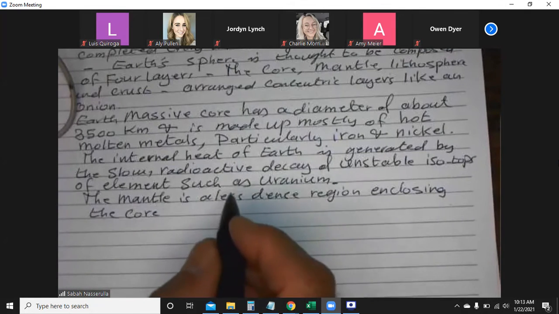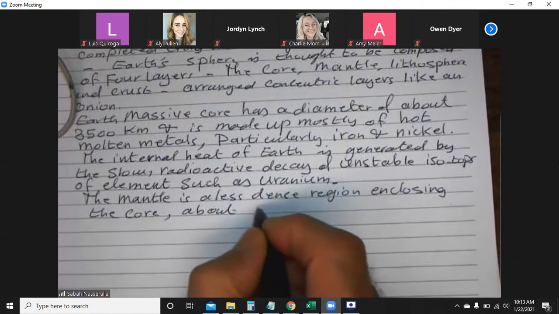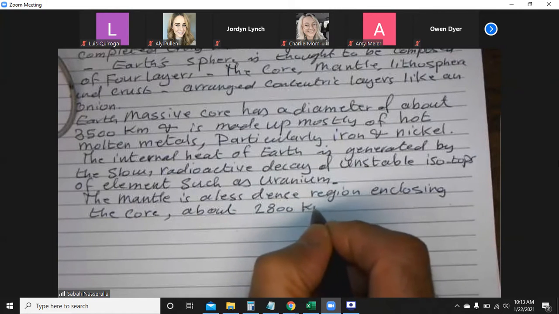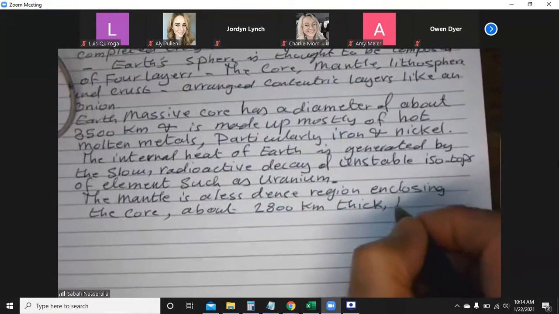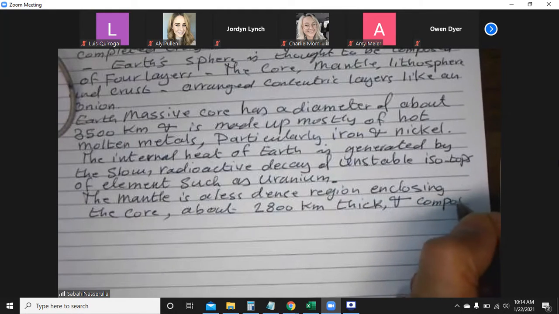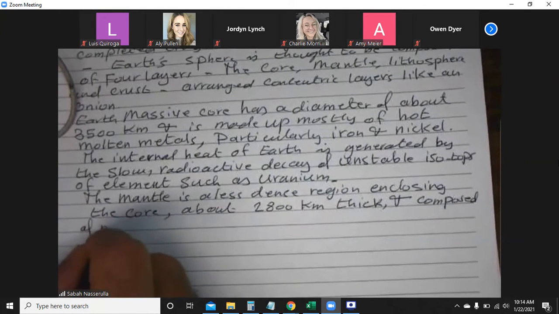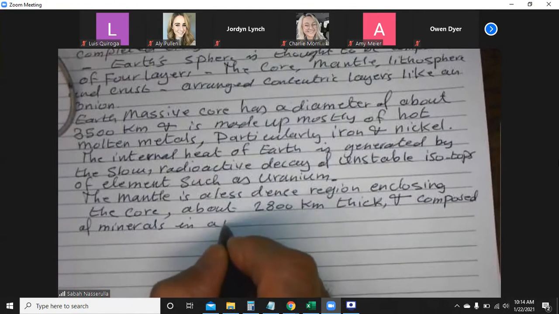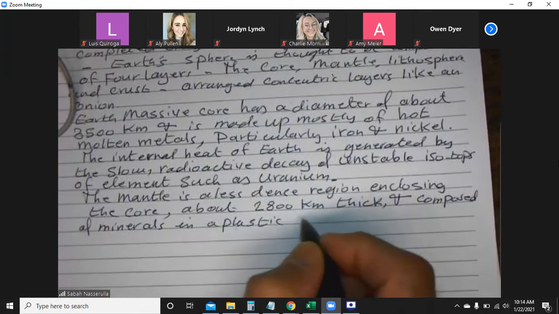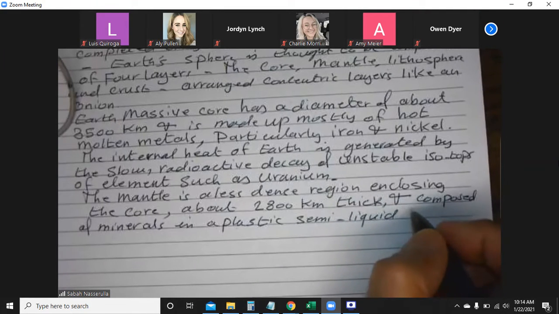And basically it has a thickness of about 2,800 kilometers, and is composed of minerals in a plastic, semi-liquid state.